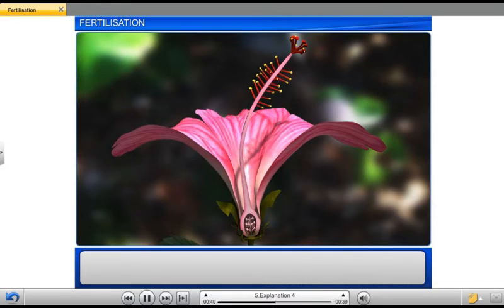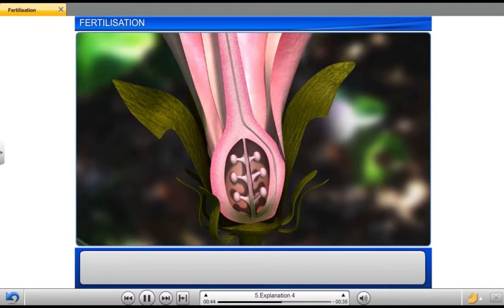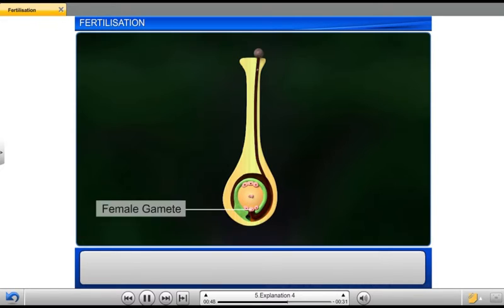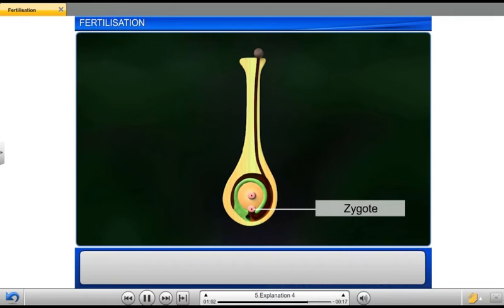When these pollen grains are deposited on the stigma, they germinate to form a pollen tube. This tube then travels downwards towards the ovule, where it discharges the male gamete. These male gametes unite with the female gamete to form a zygote, thus completing the fertilization process.